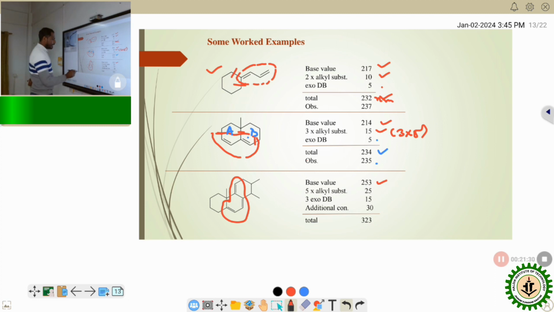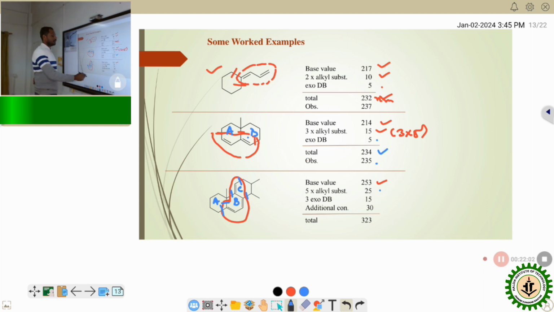Here alkyl groups 1, 2, 3, 4 and 5. So five alkyl groups, five ring residues are present. For five ring residues, 5 into 5, that is 25. And three exocyclic bonds: if we consider A ring, B ring and C ring, for the A ring this double bond is exocyclic, for the B ring this double bond is exocyclic, and for the C ring this double bond is exocyclic.